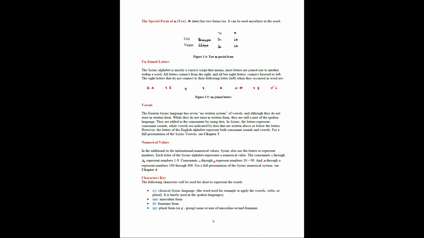We have three vowels derived from two letters, the waw and yod, and only one dot is used, and whether it is on the top or on the bottom changes the sound of that vowel, and in fact the sound of the letter it is applied on.